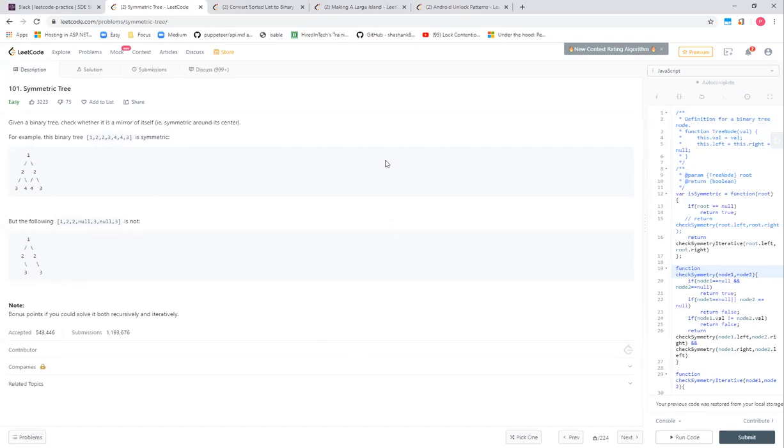Yes. Okay. Has anyone tried this? Any approach, any ideas? I've tried to solve this problem recursively, thinking to compare the left and right subtrees. Let's say we start at 1, and recursively we check whether the left child and right child are equal or not.